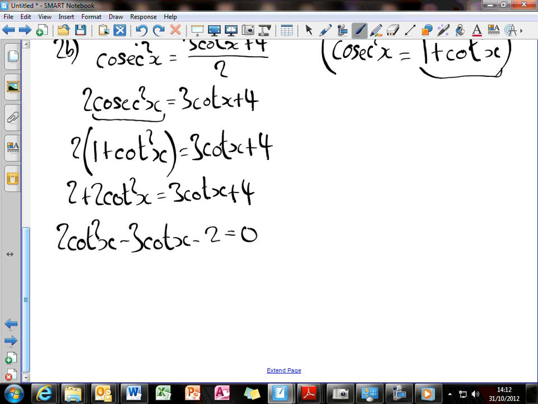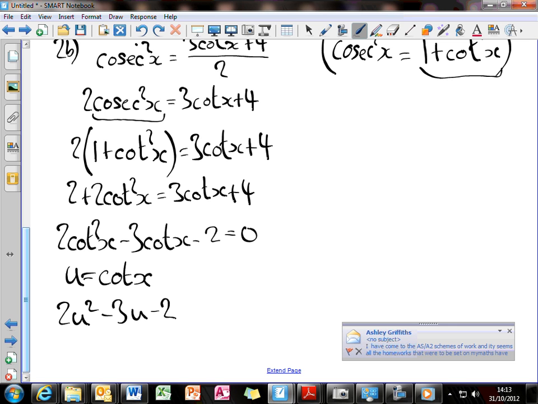Okay, and this is a quadratic equation. Now, you don't necessarily have to do the next step, but it just makes it look a little bit nicer maybe. Let's make a substitution, u is cot x, and then we can rewrite this top equation as 2u squared minus 3u minus 2 equals 0.